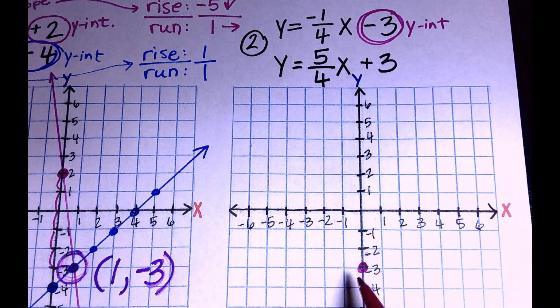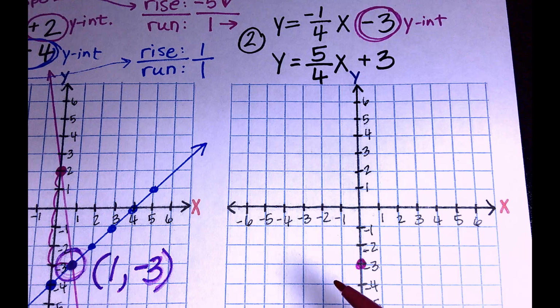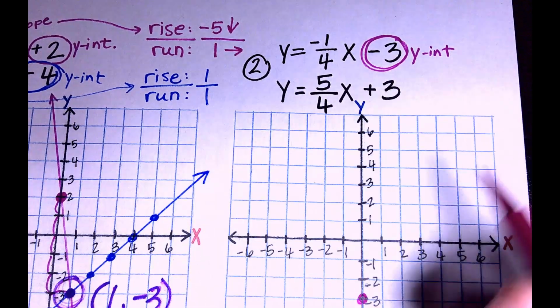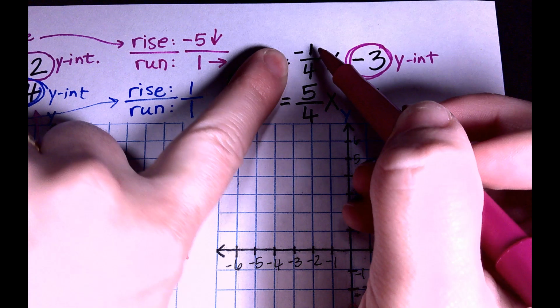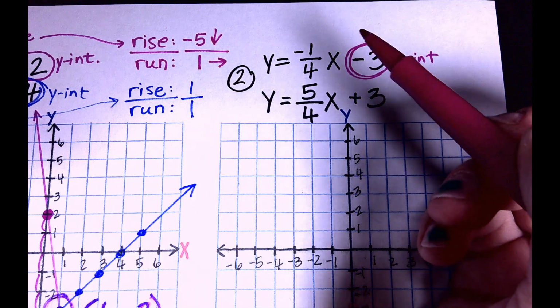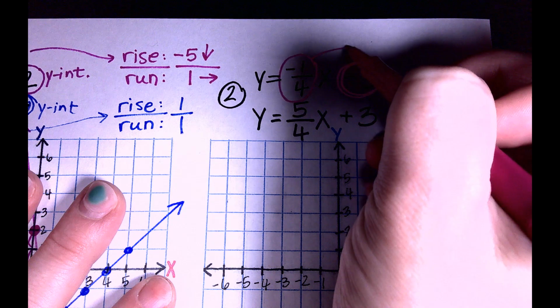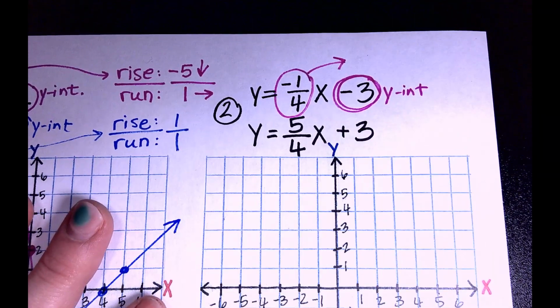Up, -1. So if I'm going up -1, what direction am I really going? So it's either up or down. Down. Since our slope is negative, we go down. So negative 1/4, I'm going to write that.